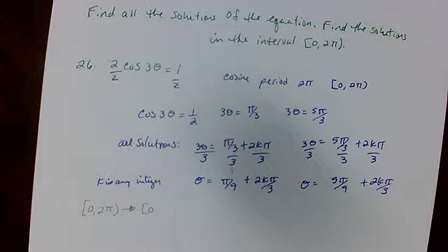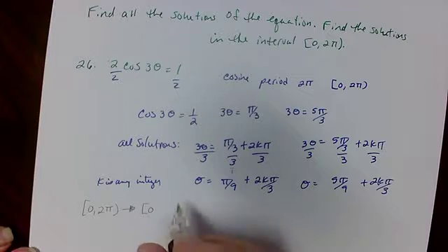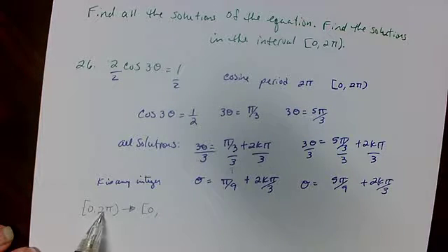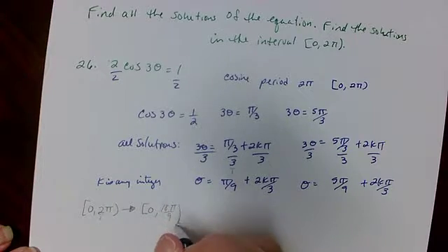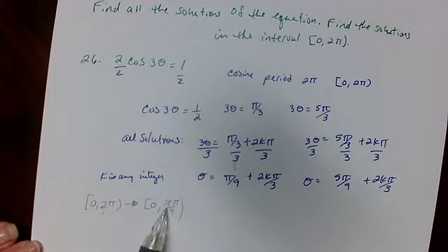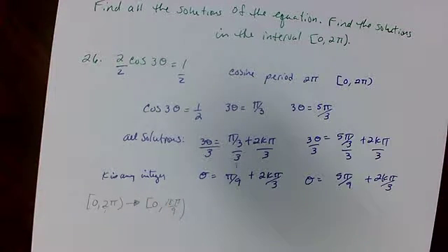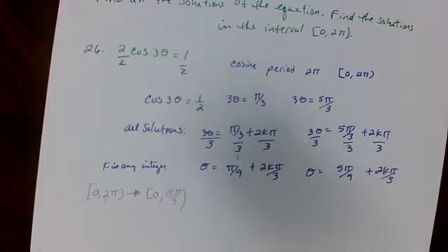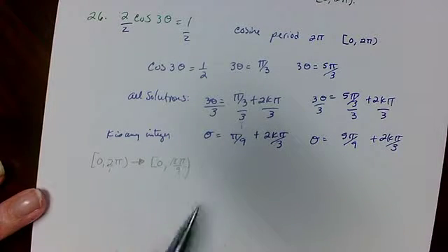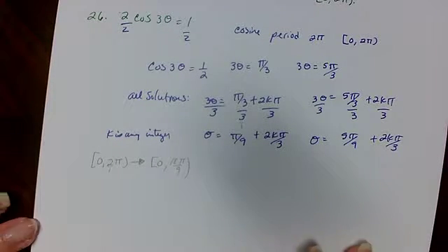So 0 divided by 9 is still going to be 0. And 2 pi, if we're trying to get it over 9, we're going to still have the pi. So this was over 1, so 1 times 9 gets us 9, 2 times 9 gets us 18. So we're looking at going up to 18 pi over 9. Once we reach anything that gets to 18 pi over 9 without going over, we're going to be done, because if we go over that, we're out of our unit circle.